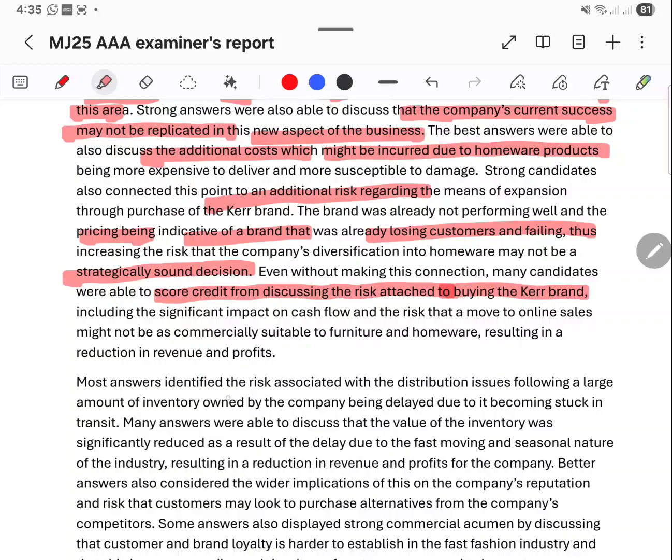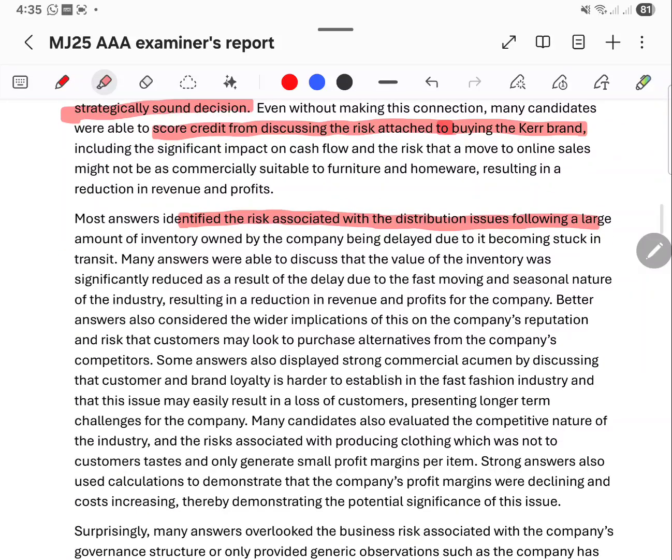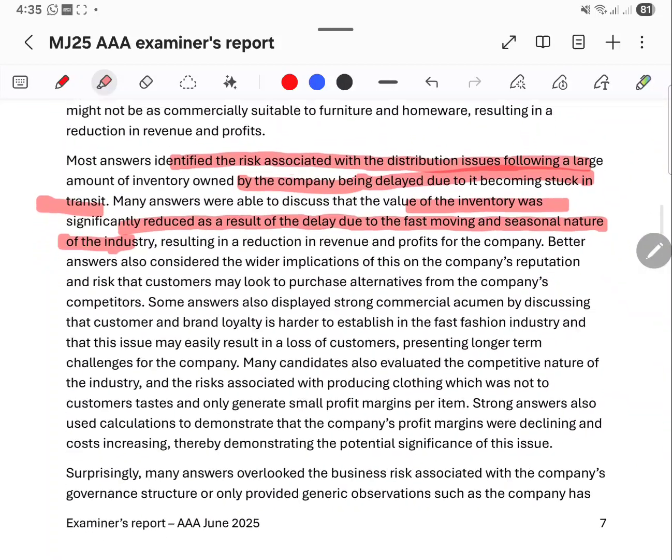Most answers identified the risk associated with the distribution issues following the large amount of inventory owned by the company being delayed due to becoming stuck in transit. Many answers were able to discuss that the value of the inventory was significantly reduced as a result of the delay, due to the fast moving and seasonal nature of the industry.